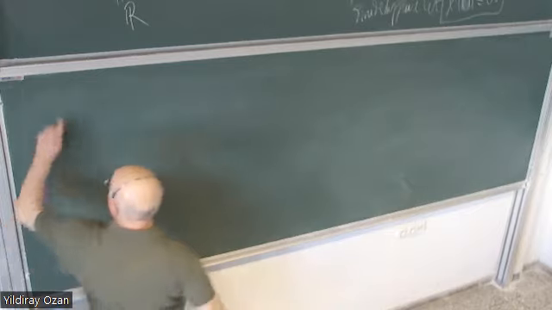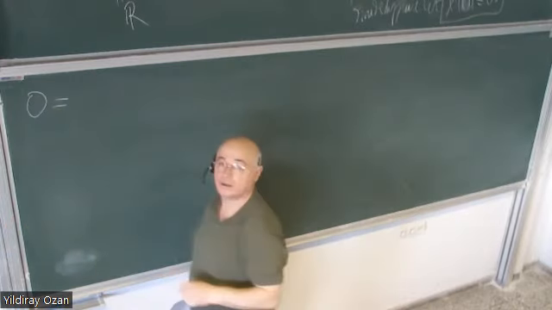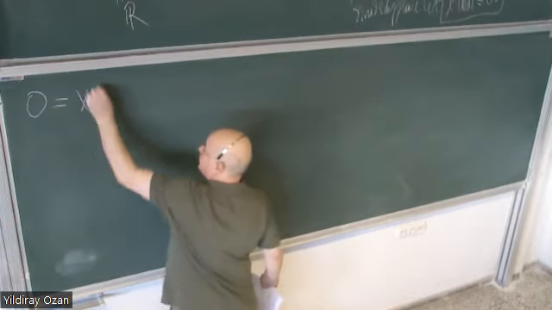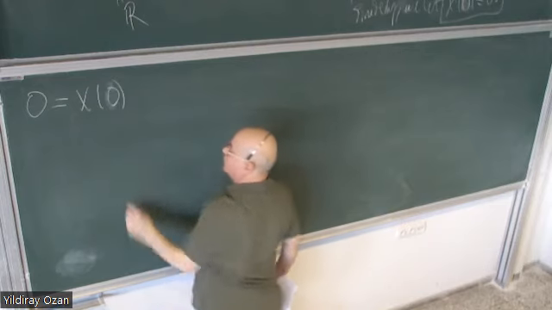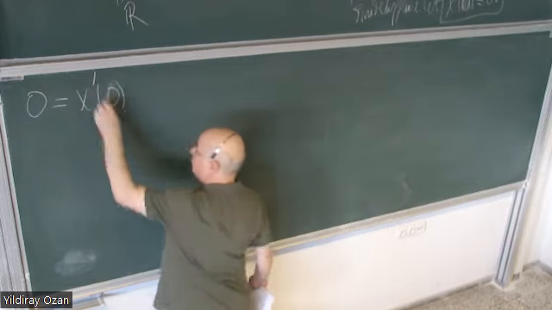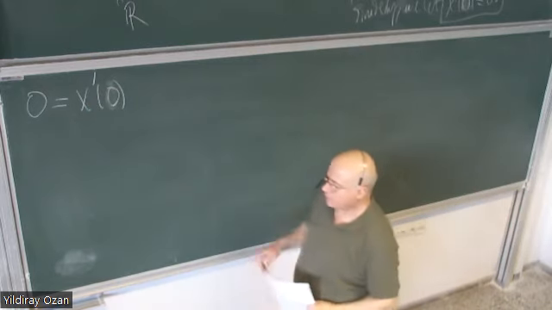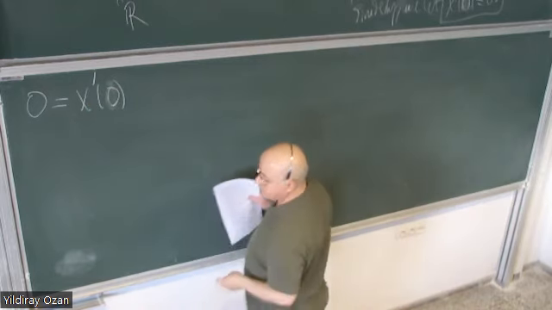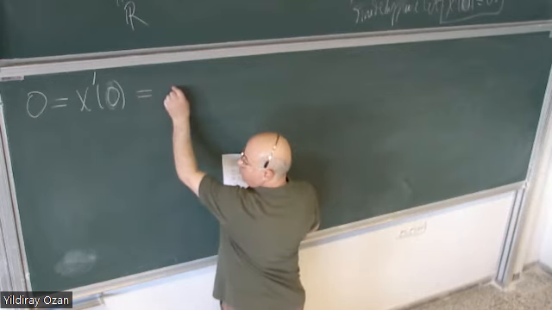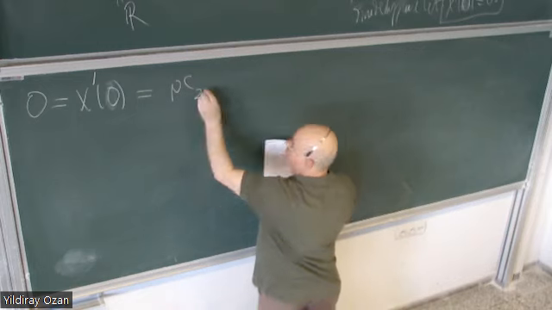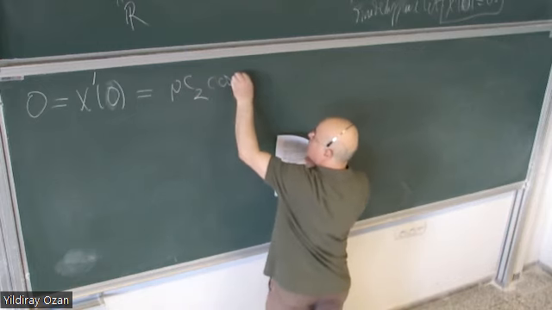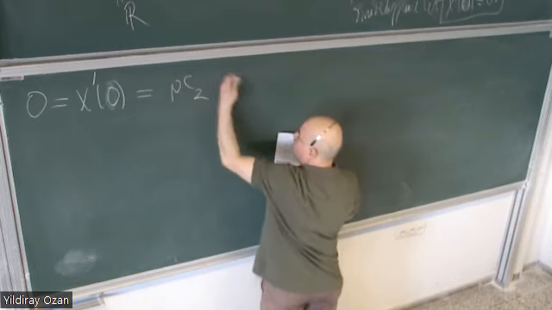Okay. Now 0 equals x of 0, x prime 0. Setting it to 0, from there we obtain mu C2 cosine 0, which is just 1.